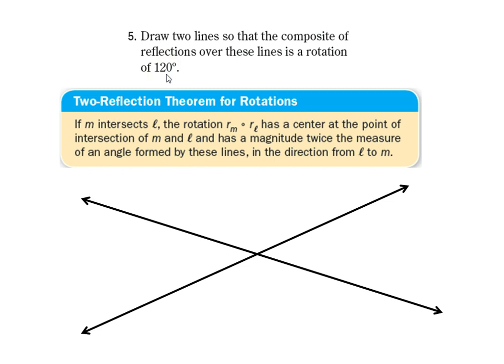So the rotation is 120 degrees, therefore the angle formed by these two lines has to be 60 degrees, because that is half of the rotation. The magnitude is twice the measure of an angle formed by these lines. The angle formed by these lines is 60. As a result, the magnitude of the rotation is 120, as we were asked to produce.